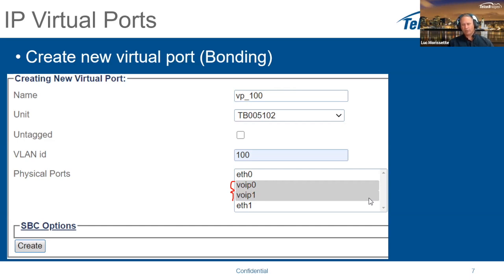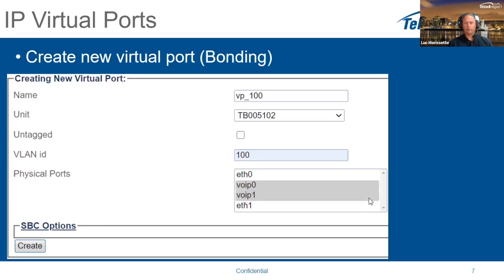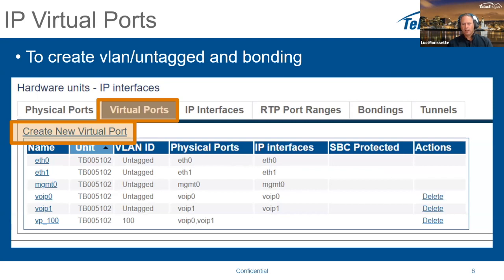And once you do this, they will automatically be put into bonding. Here I created one, which is a VLAN ID 100. But you can create multiple interfaces or VLANs on the system, and I think up to 32 types of interfaces here.